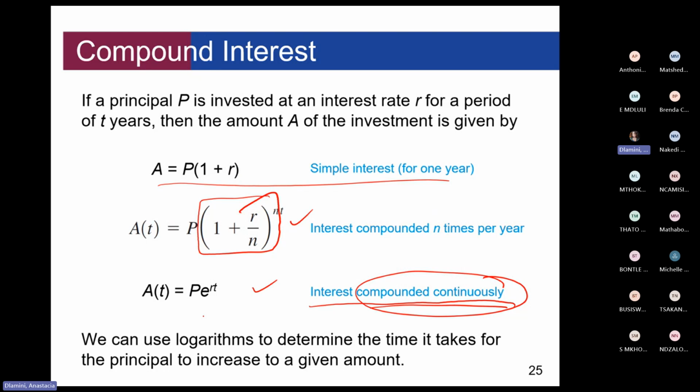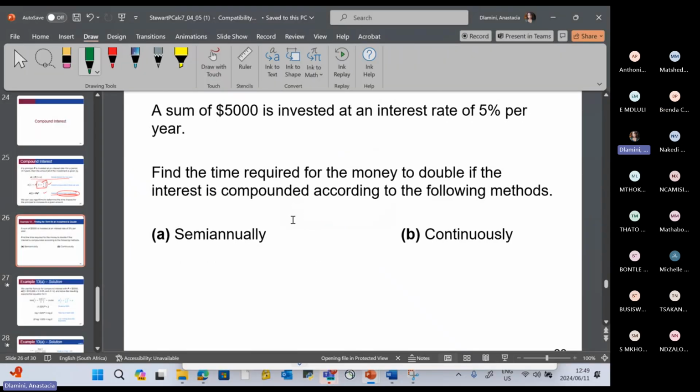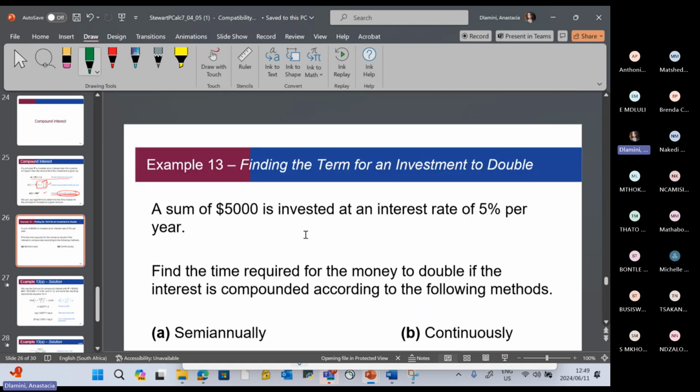Now they say we can use the logarithm to determine the time it takes for the principal to increase to a given amount. A sum is invested at an interest rate of R equals 5% per year. Find the time required for the money to double if the interest is compounded according to the following methods. How many minutes should I give you to try it?